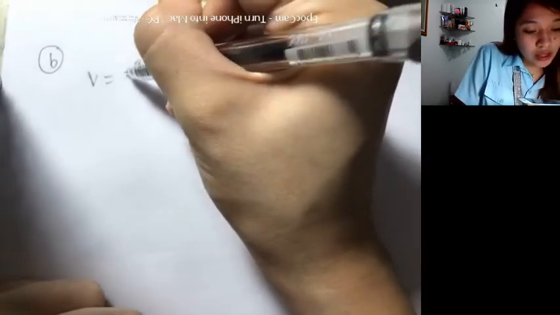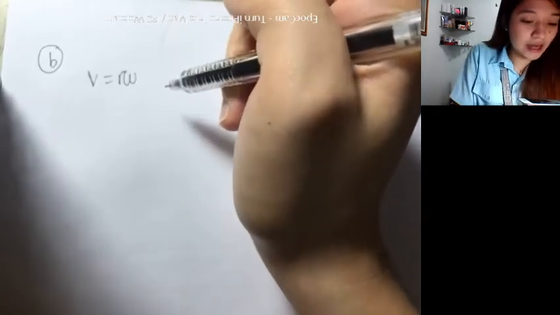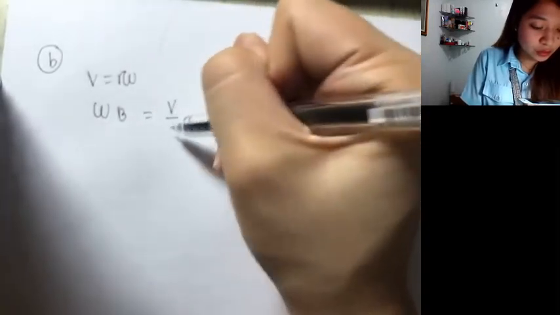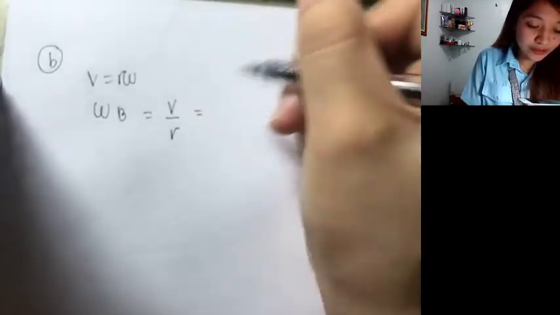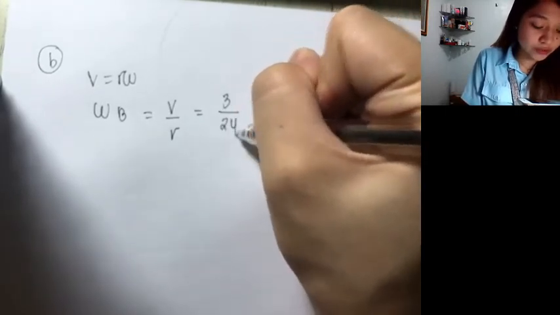Thus, this will give us V equals R multiplied by the angular velocity. So this is also equal to angular velocity B equals V over R. We have given V, which is 3, of course, and we have R, which is 24.